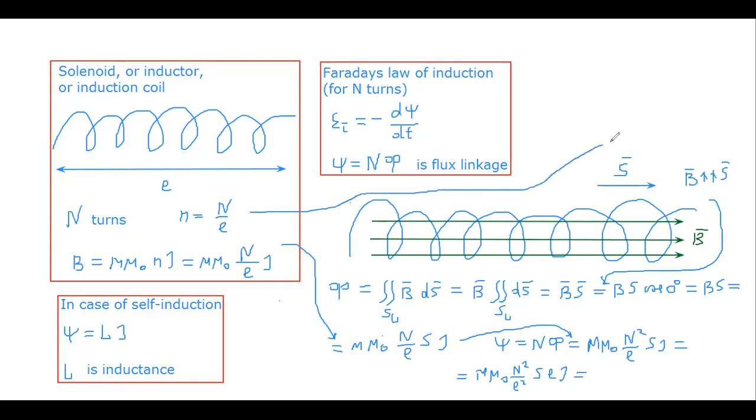I'll draw this here. Yeah, so this is mu 0 n to the power of 2 times volume times electric current I.